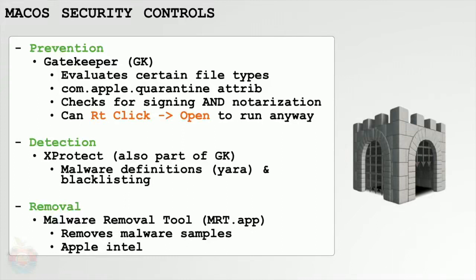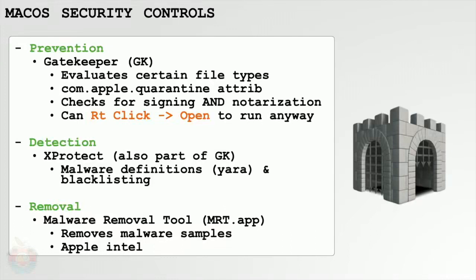Of course, the user still has the option to right-click and open if you want to run something that is not signed and not notarized. From a detection perspective, XProtect is the main component of that aspect.